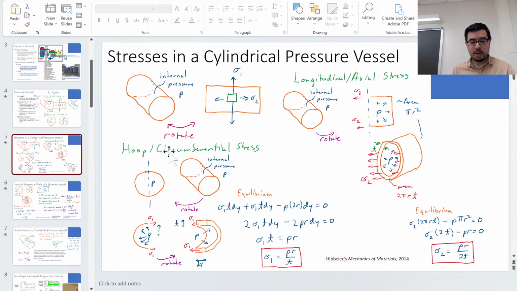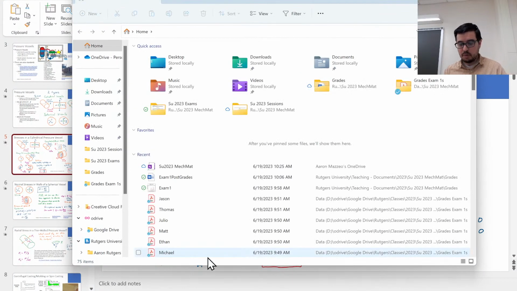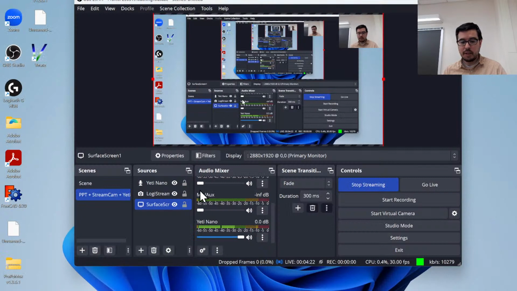Also, what I'd like to mention is a little bit about exam 1. For this, I am going to temporarily shut off the sharing screen. Exam 1, the solutions are posted, and you should have gotten your grades.